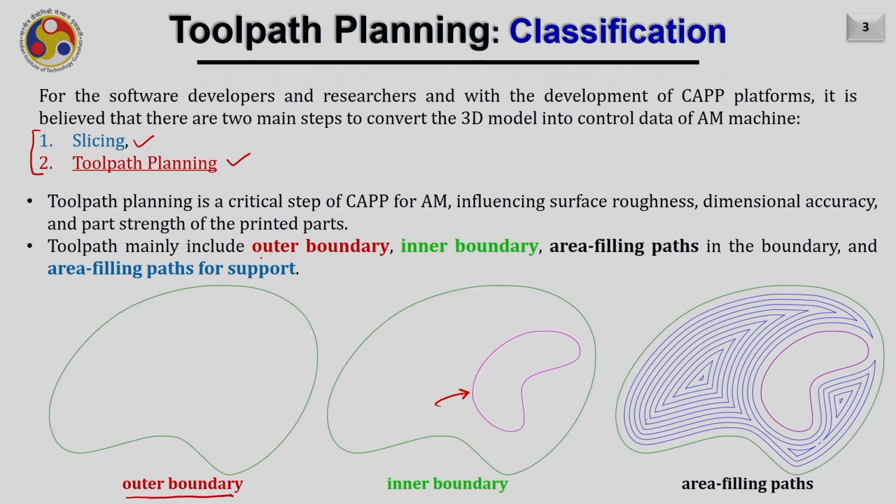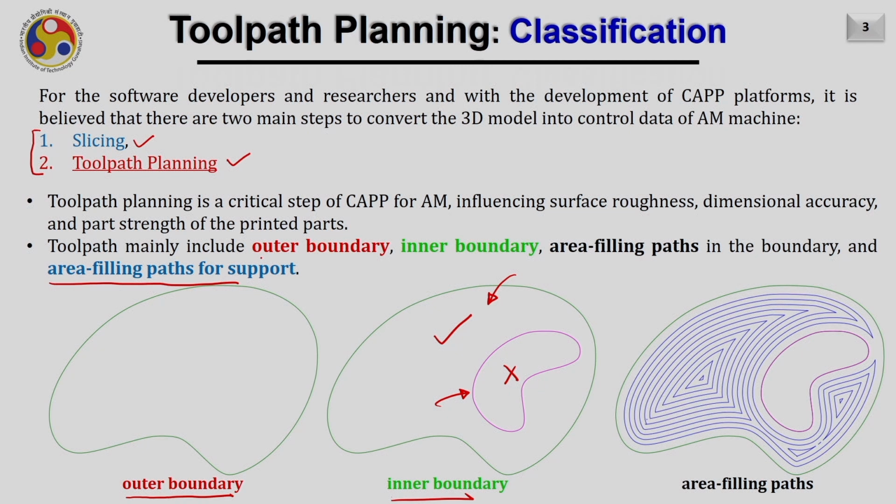This slice shows here the inner boundary, and after that we know that there will be material here and there will be no material here. Therefore, the question comes, how should we add the material in this zone? The method of adding the material in the required zone is called the area filling method or area filling path.